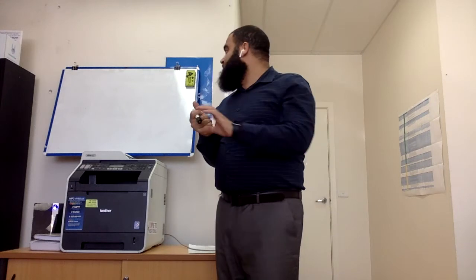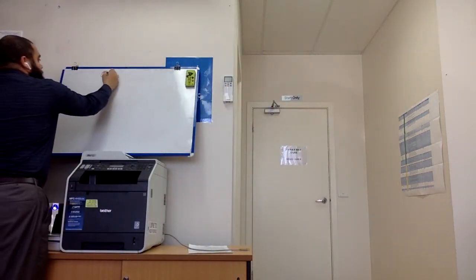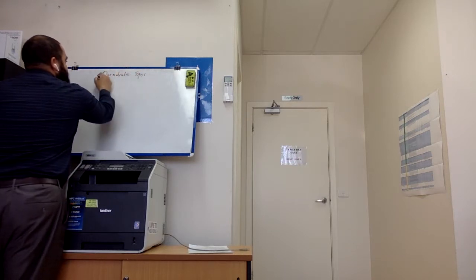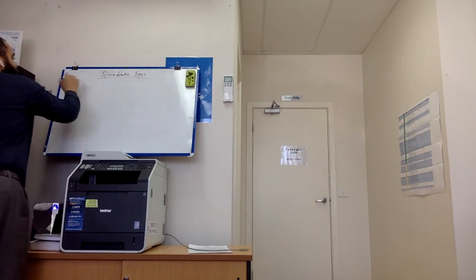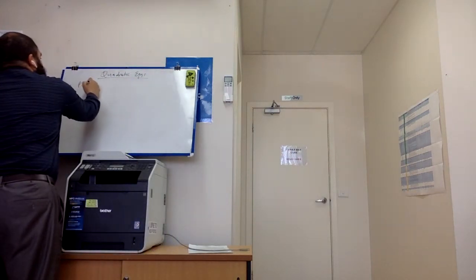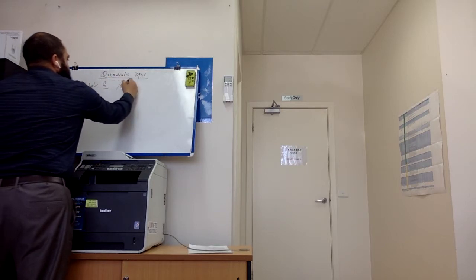Okay, all good. So last lesson, if you remember, we discussed the quadratic equation. Okay, Mark, what is the shape of the curve called? Good. So it's called the parabolic function or equation.